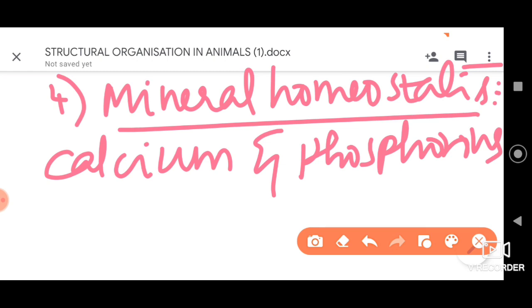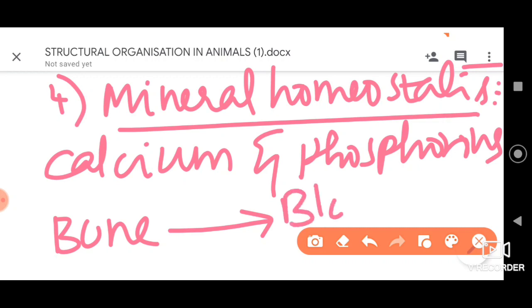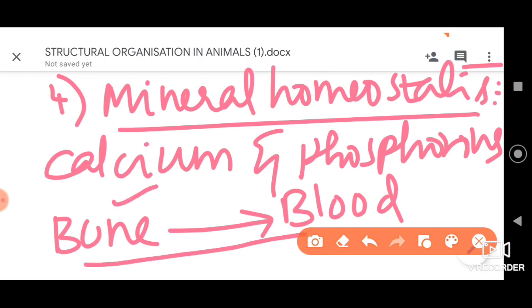Bone releases these calcium and phosphorus minerals into the blood, or even let me say that it stores the minerals in the bone matrix. To maintain the mineral balance, the major function is that from the bone to the blood the minerals are transported, dear students, that is calcium and phosphorus. So that's also very important. It brings about the functioning of blood as well.